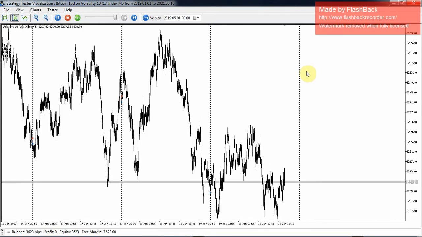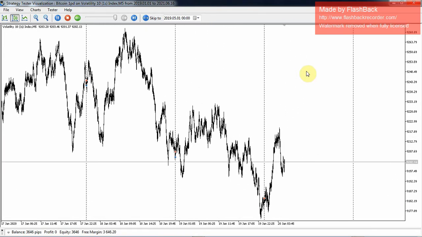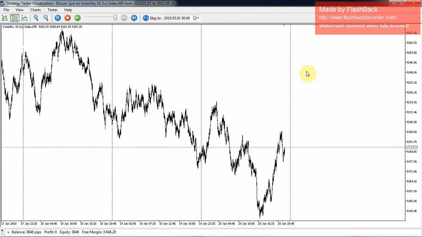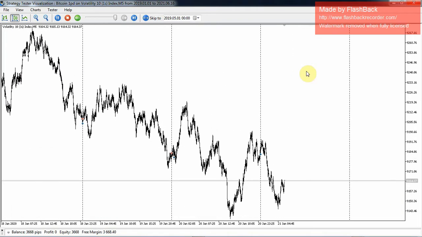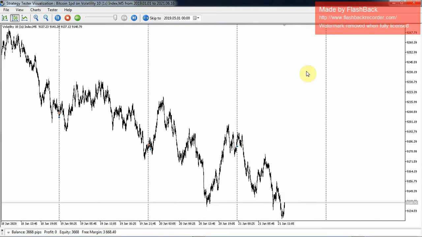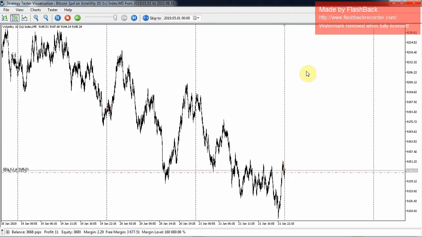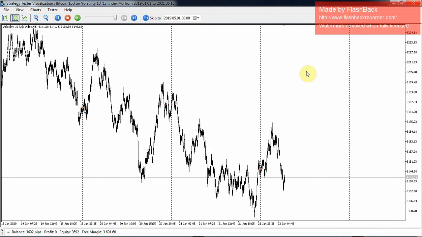So let's say you're using a $100 trading account or $200 trading account, and let's say you are making $2 per trade at the start of your trading.